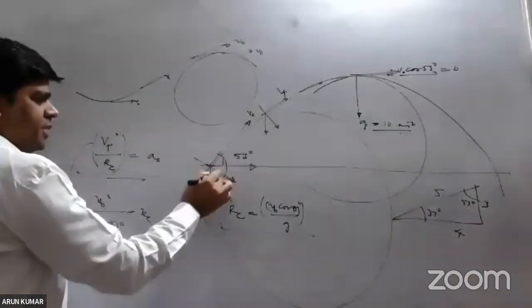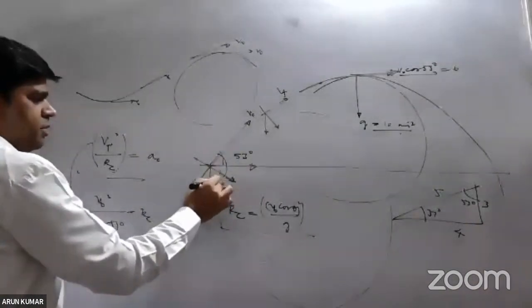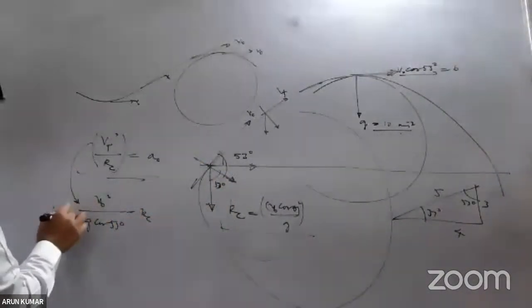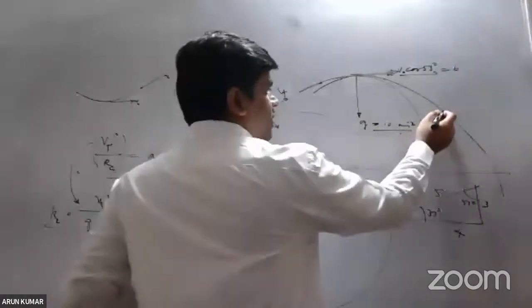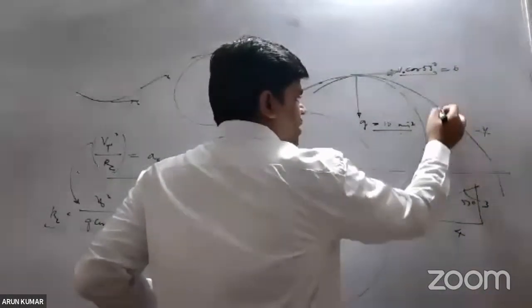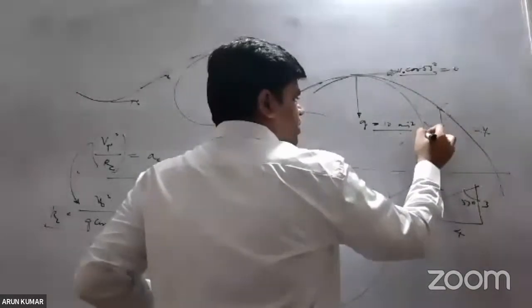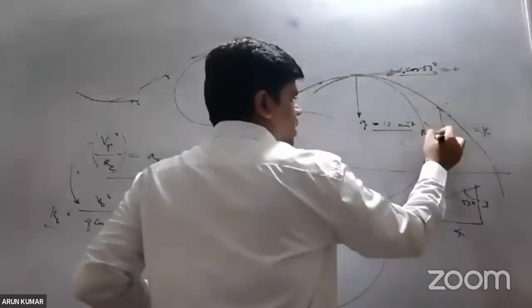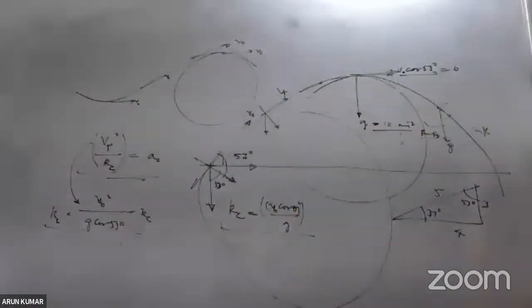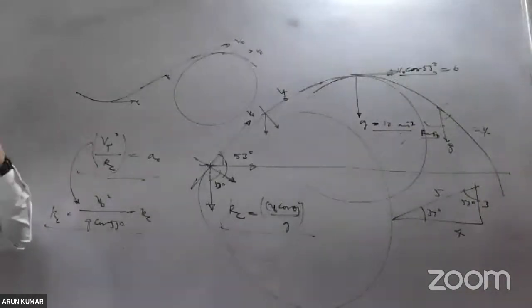Why? This is 53, this is 90 minus 53, this is 53. So V0 square by G cos 53 is my Rc. At some other point, I'll find out Vt there, the tangential velocity, and I know G. I'll find out the angle, do G cos or G sin of the angle, then find Vt square by the component of G perpendicular to Vt. I'll get the radius. That's how we do radius of curvature.